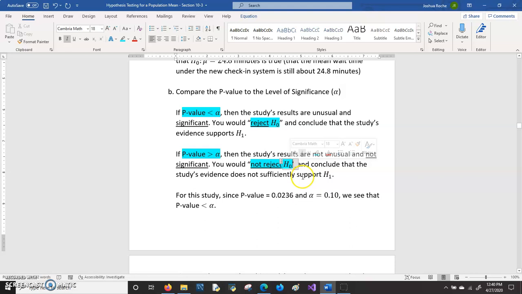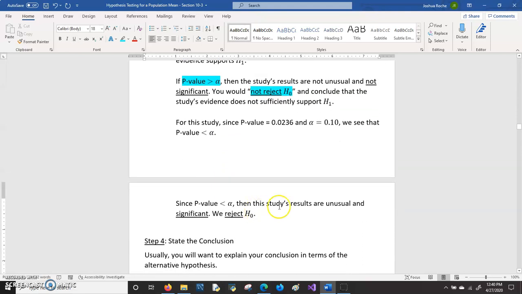And that means that the evidence from your study is not sufficiently supporting the alternative. For this study, we had a pretty small p-value. It was less than alpha, and that means that for this study, our results are unusual and significant, and we will reject the null hypothesis.